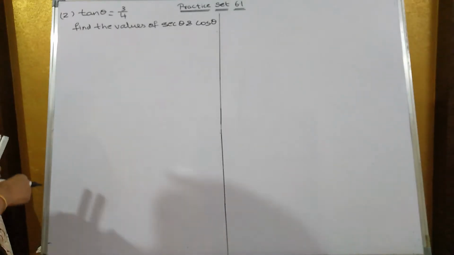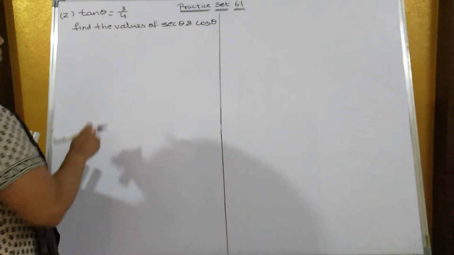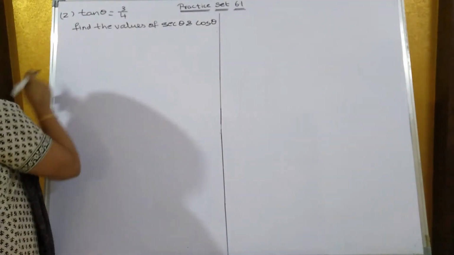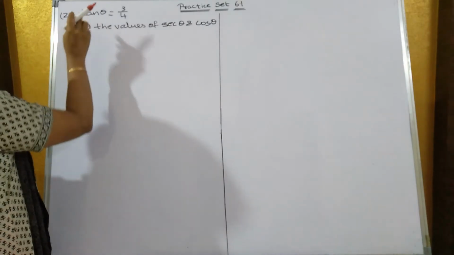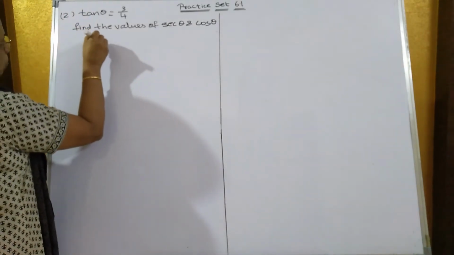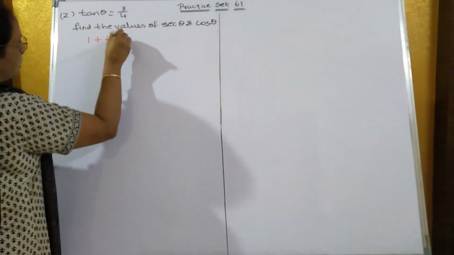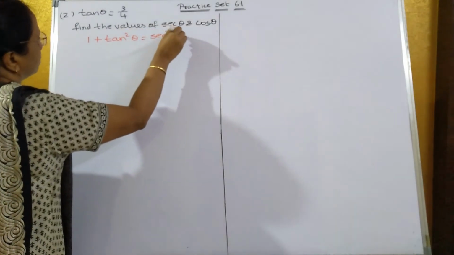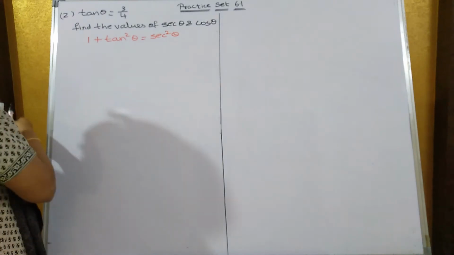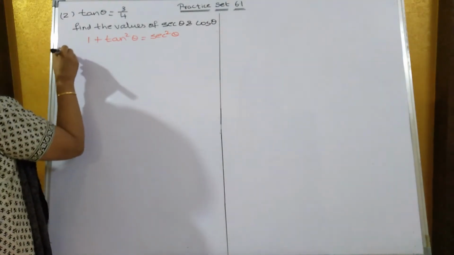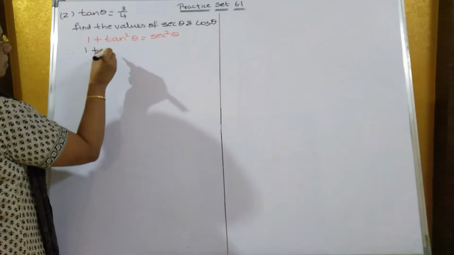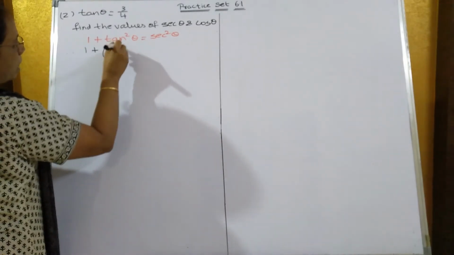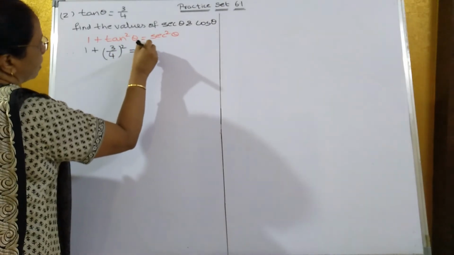Now tan theta is equal to 3 upon 4. We have to find out the value of sec theta and cos theta. Now by using identity, since tan theta is given, we will use this identity, 1 plus tan square theta is equal to sec square theta. Now put the values. So 1 plus tan, which is 3 upon 4, the whole square, is equal to sec square theta.